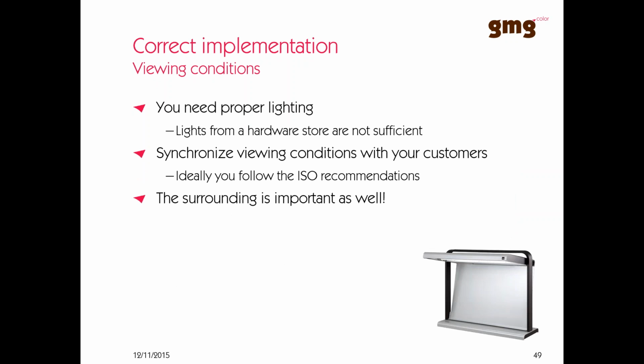Make sure you have D50 norm light, or at least that everybody in the production chain has the same viewing conditions. This is so important to talk about the same color result, to talk about the same UCR. And of course, the surrounding when doing color appraisals is important as well.